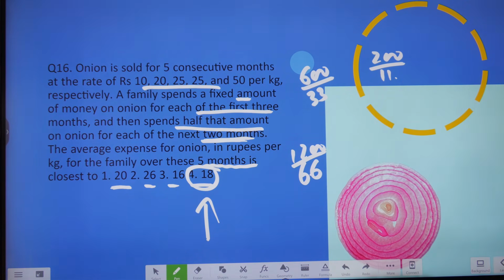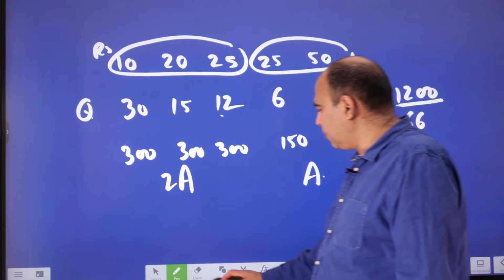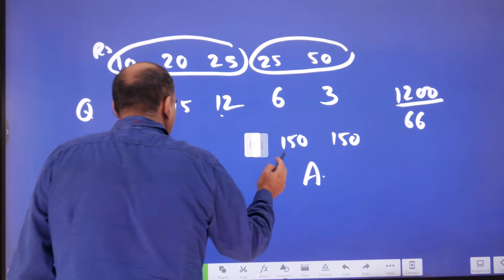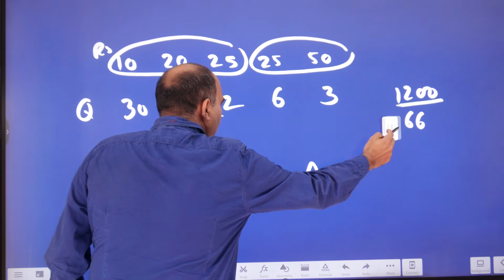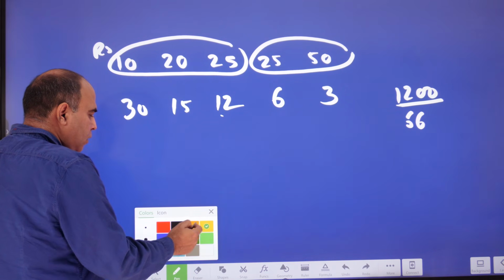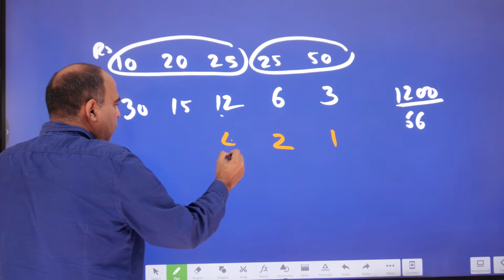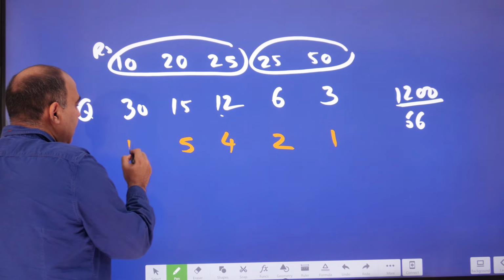Of course, you could have done one more thing in this question from this point. Once you get this number of kgs as purchased, 30, 15, 12, 6 and 3, you can convert this into a ratio. This is also possible: 10, 5, 4, 2 and 1.